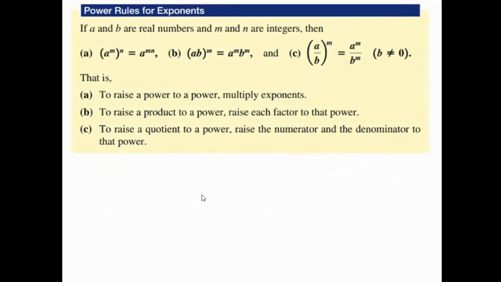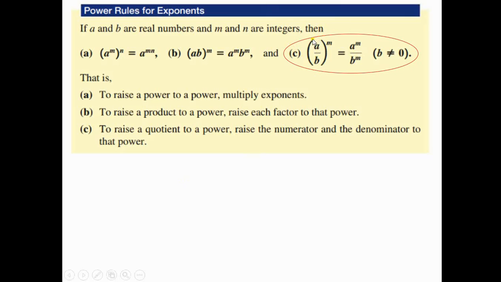All right, again, now we're going to look at our third part to this power rule for exponents. This one right here. It is typically referred to as taking a quotient to a power. Okay?